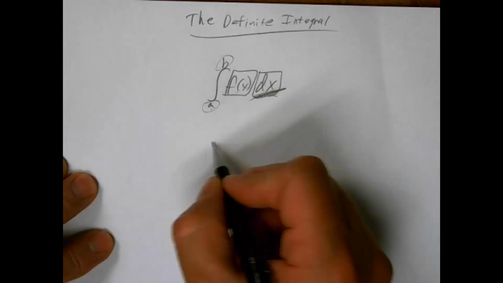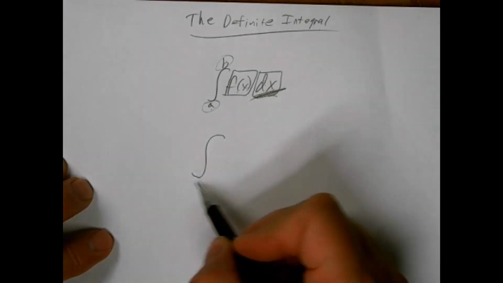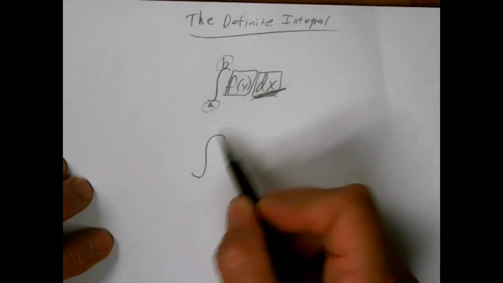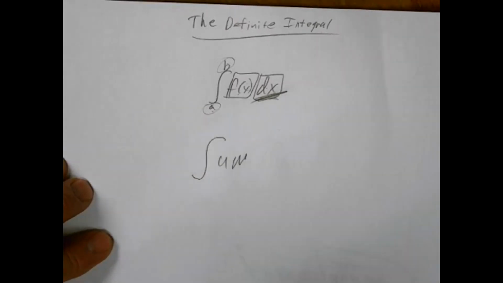Now notice the symbol. That's the integration symbol. It may look like a strange or slightly odd symbol, but it's actually just a stylized and elongated S. S for sum.